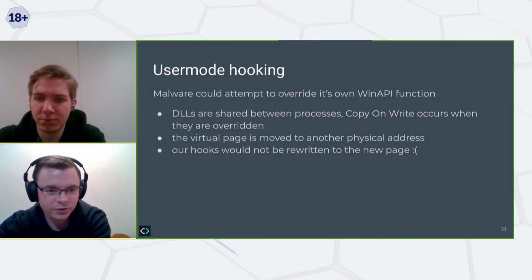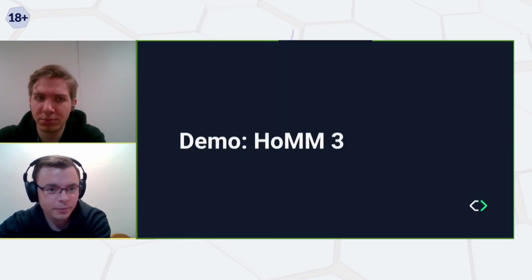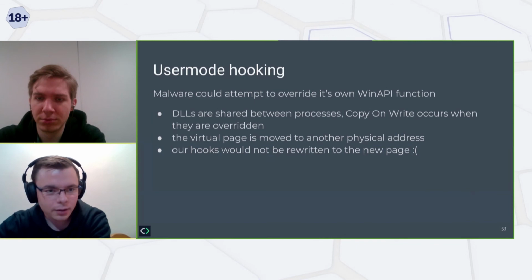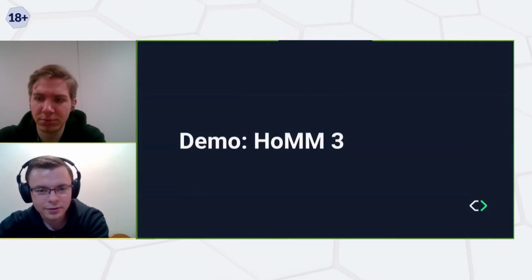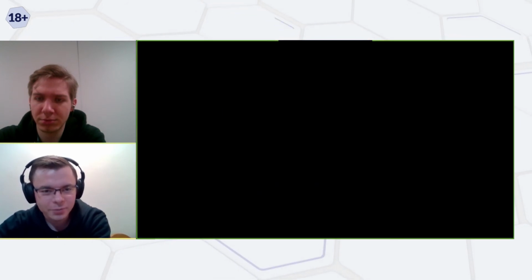So our hooks will not work in this case because they are on the physical level. The solution here is that we basically have to hook the copy on write handler, and the time for a short demo.